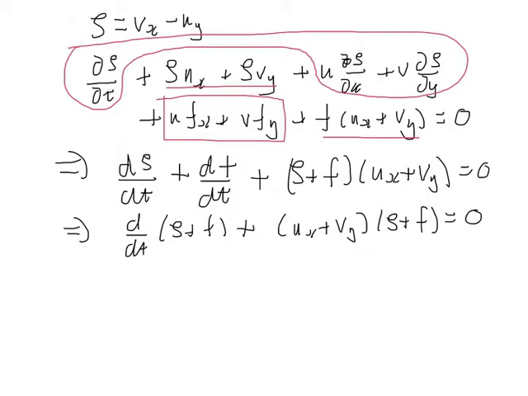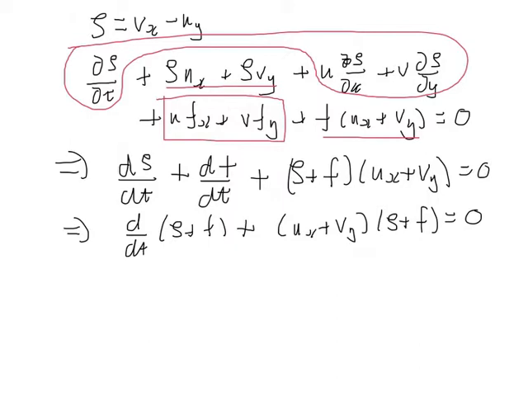We now use the third equation, which was the equation for h, to replace this ux plus vy. And this is the point where I made out that there was something strange going on, because we had actually assumed ux plus vy was equal to 0, but this is completely independent of assuming that ux plus vy is equal to 0, and this just comes from the shallow water equation.